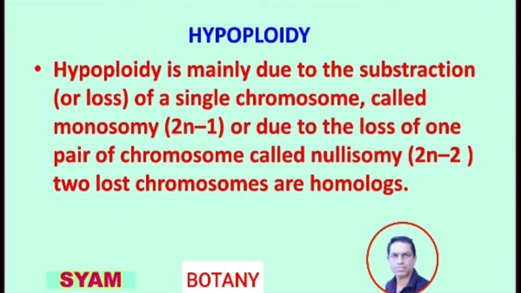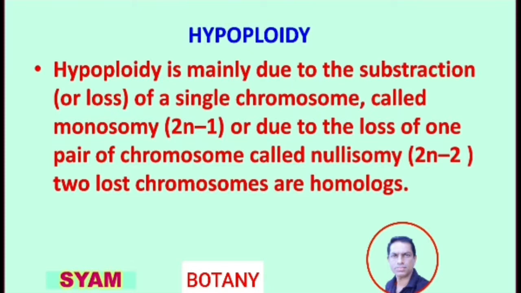That means in the somatic cell of an organism, the total number of chromosomes is called 2n. If either an individual chromosome or a pair of chromosomes is lost from this total, it is known as hypoploid.